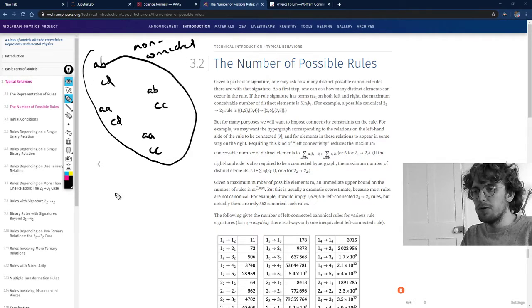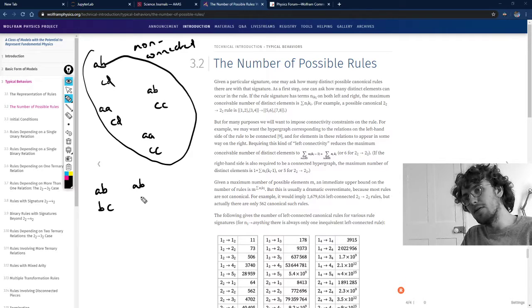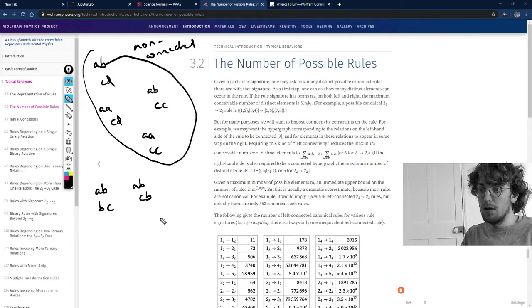We've also got AB goes to BC. Order now matters, so AB goes to C, B is a different one. AA goes to CA.